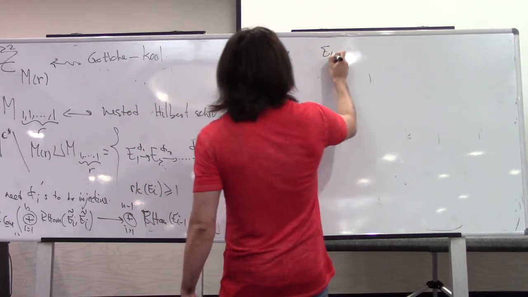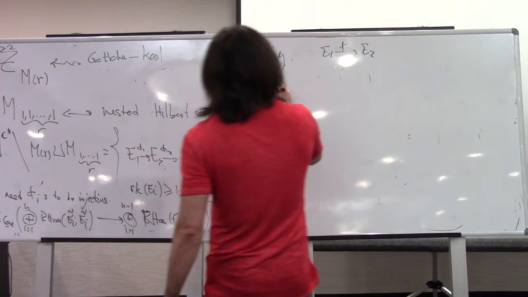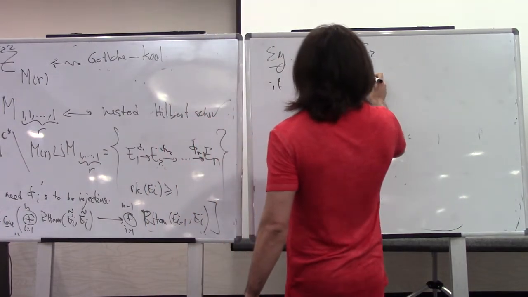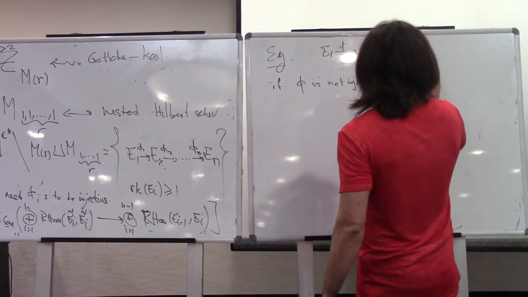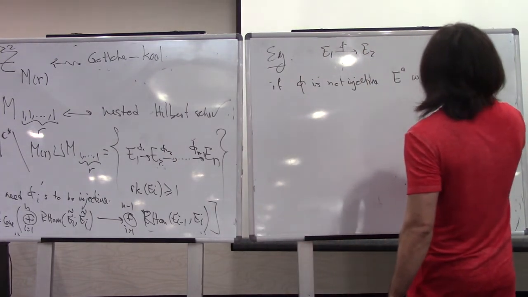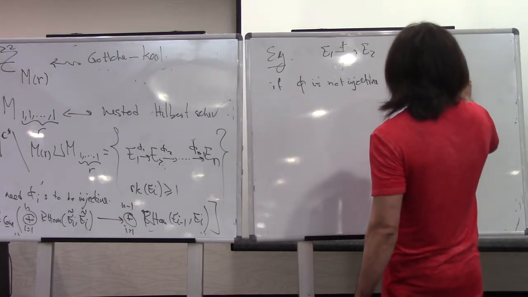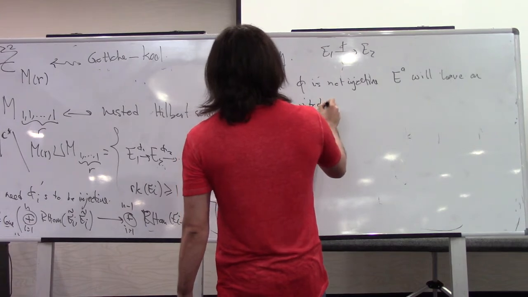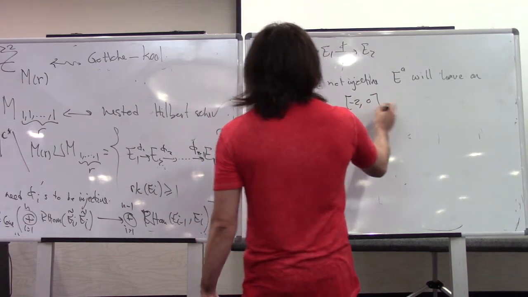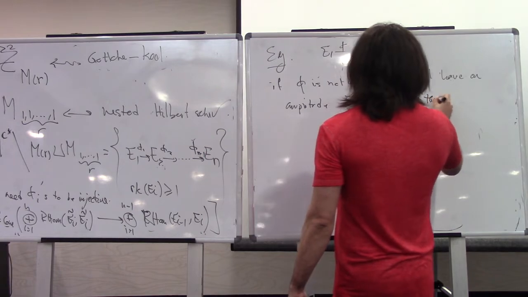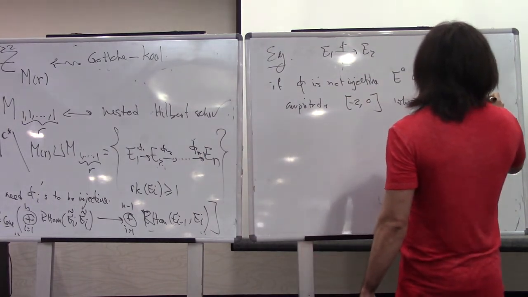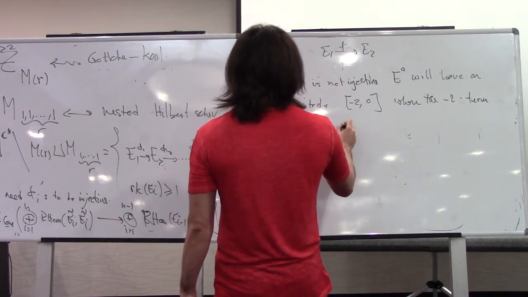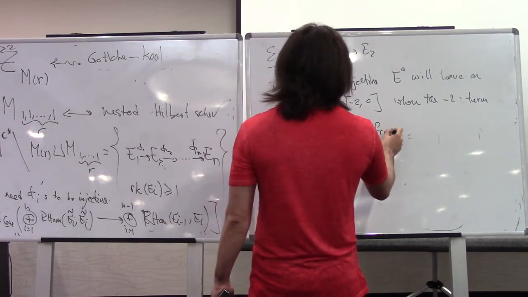Some example, let's say I'm looking at E1 to E2. If phi is not injective, E dot will have an amplitude -2 to 0, where the -2 term has contributions from the kernel of phi.